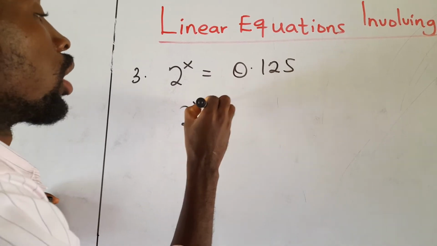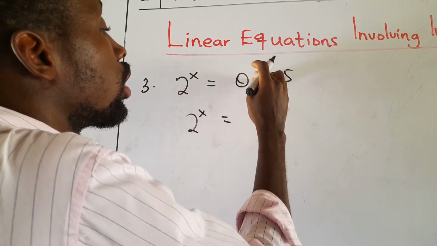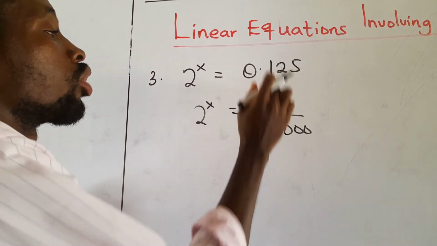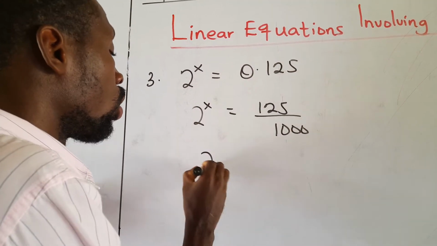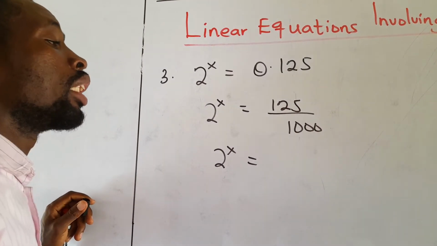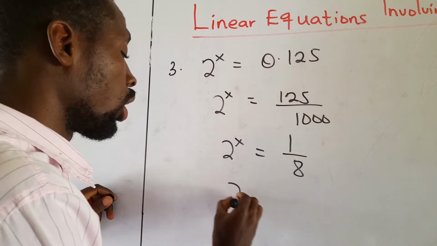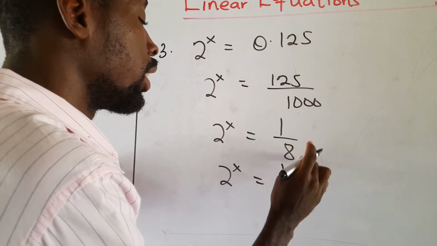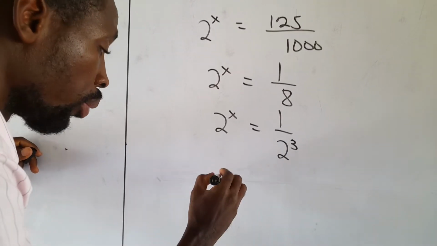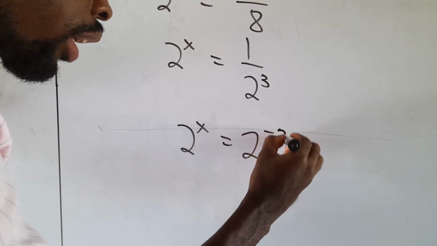So we can say 2 exponent x is equal to this number, which is the same as 125 over 1000. 125 divided by 1000 is 0.125. 125 will divide 1000 8 times, so we have 1 over 8. So 2 exponent x will be equal to 1 over 8, which is 2 exponent 3. So we can rewrite this using the properties: 2 exponent x will be equal to 2 exponent negative 3.